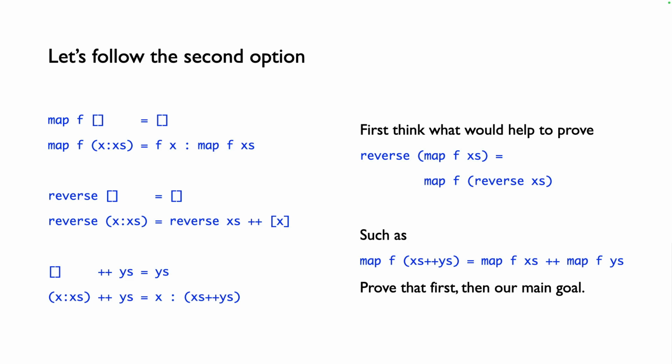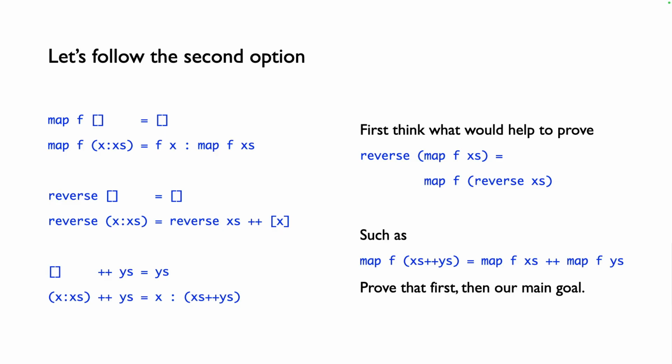So if we follow the second option, what we would try and do is, our overall goal is showing that reverse and map can be in either order, but let's show that we can do map and joining two lists together in either order, as it were. Do the join and then the map, or do the maps and then the join, we get the same result.